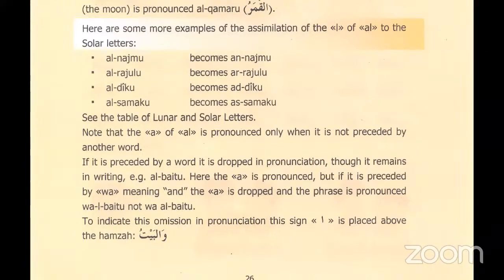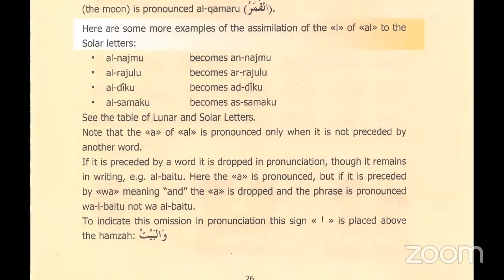See the table of the lunar and solar letters. Note that the A of al is pronounced only when it is not preceded by another word. If it is preceded by a word, it is dropped in pronunciation, though it remains in writing. Example, al-baytu.